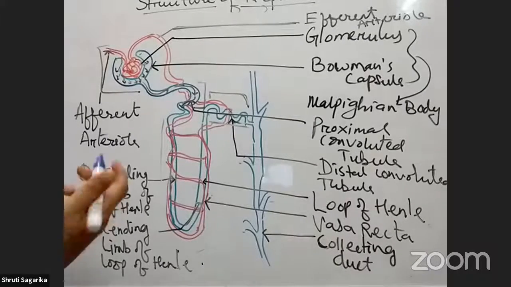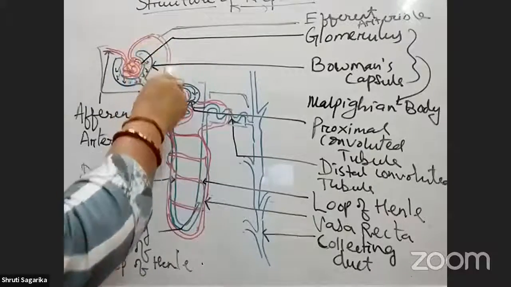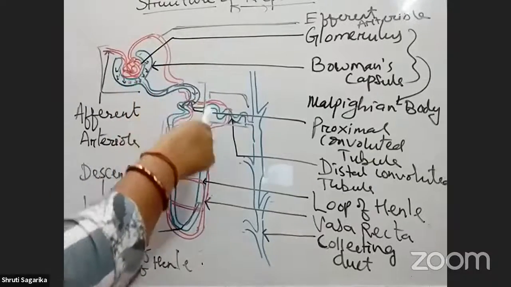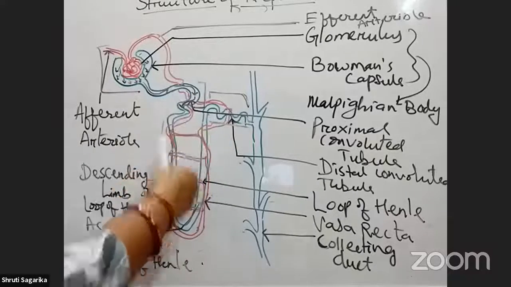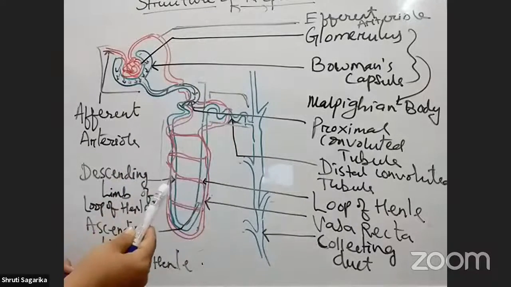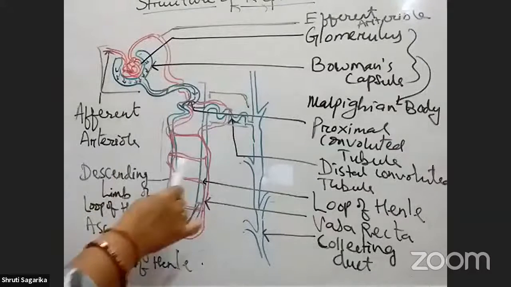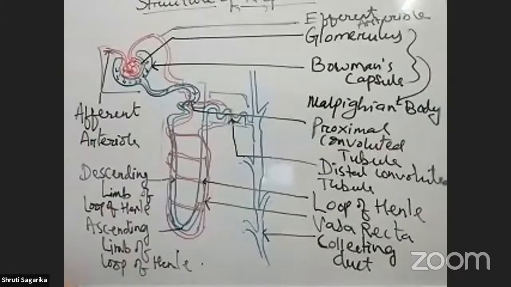One more thing I forgot: after this efferent arteriole comes, it starts coiling around the tubular part of the nephron. The efferent arteriole makes branches and completely coils around the tubular part, and that is known as the vasa recta.